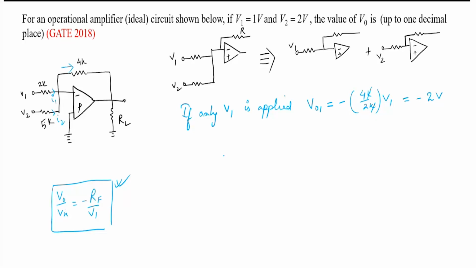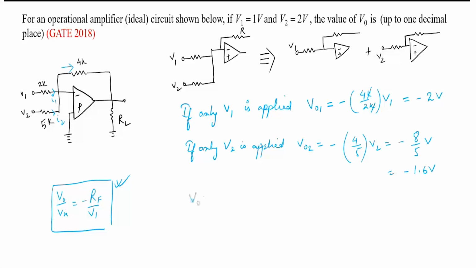Now if only V2 is applied, then V naught 2 will be equal to what? Minus of 4 divided by 5 into V2. This is minus 8 by 5 volt, which is nothing but minus 1.6 volt.